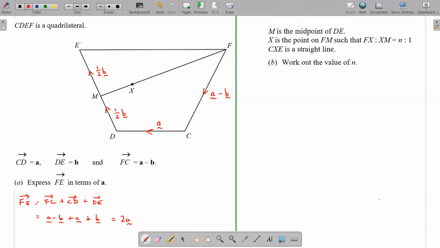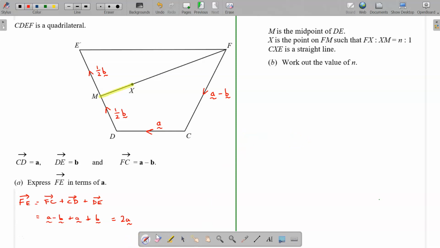Now, the first thing I'm going to do is work out the vector MX. And I'm going to make 2 separate journeys to MX. So the first journey, I'll highlight it in one color. So let's do MX using this journey. That's just simply a fraction of the vector MF.